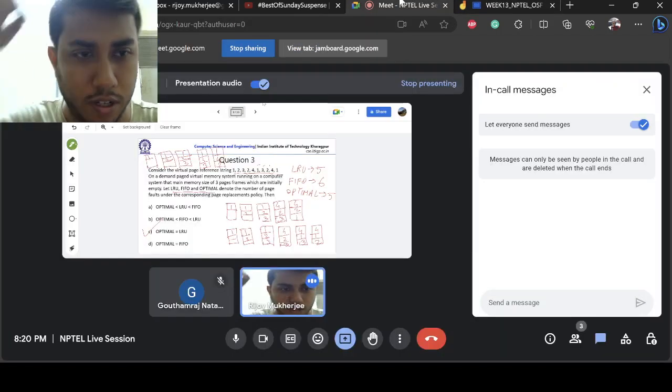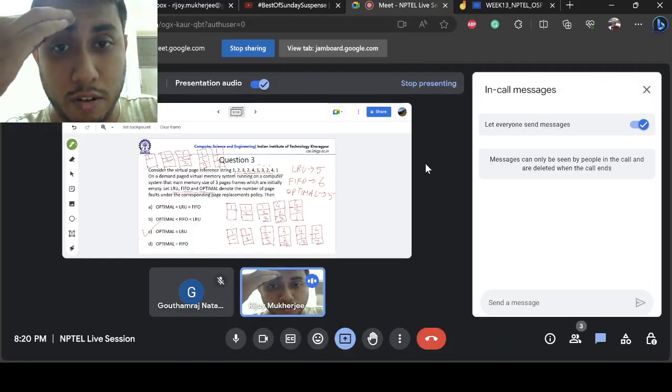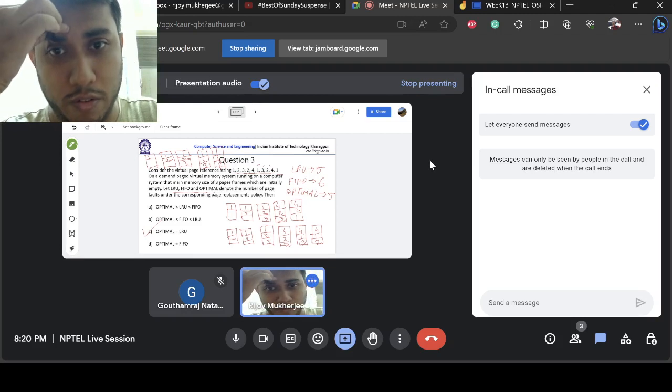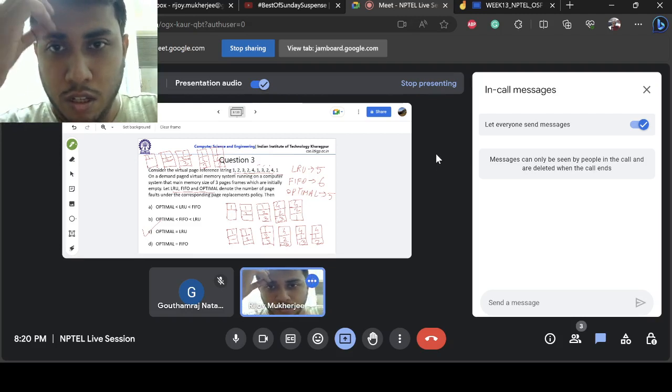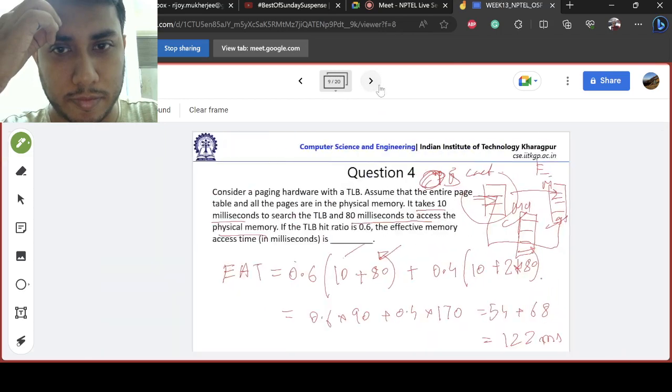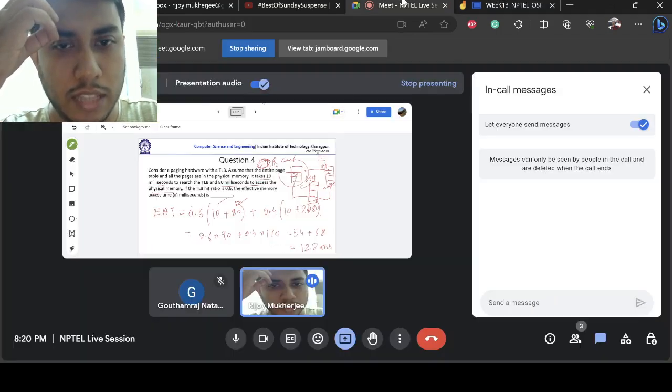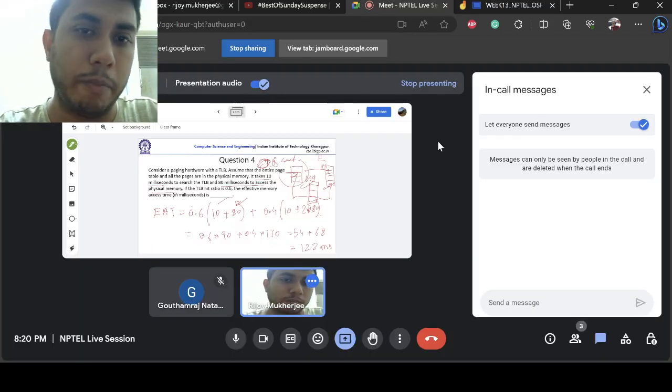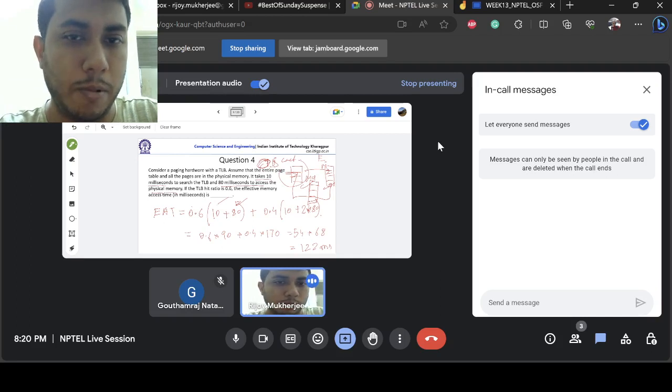So this was your normal question on page replacement algorithms, LRU, FIFO, and optimal. We did the calculation. Then there was a page table access time problem.